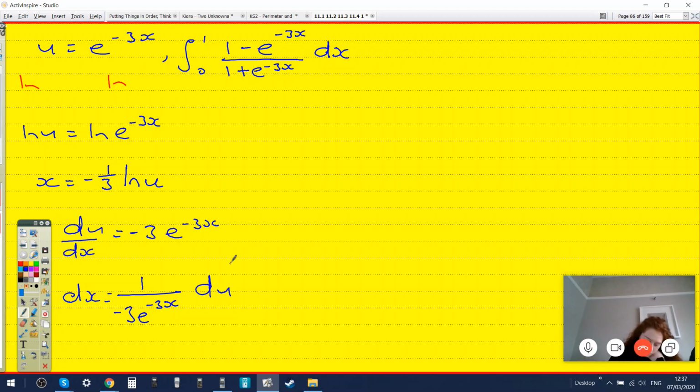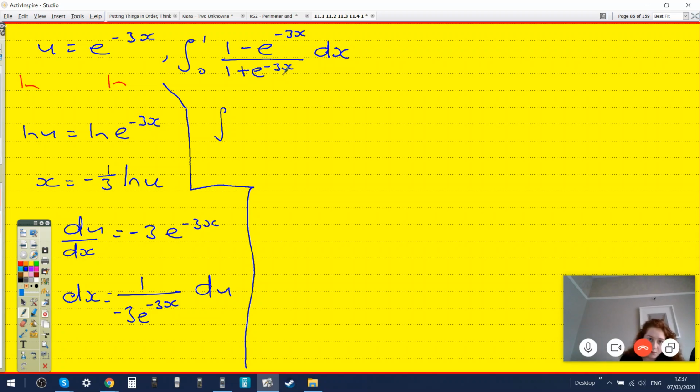Would we now input our x values? So we'll have 1 minus e to the minus 3 times by... No. So you do that every time. What is 1 minus e to the minus 3x the same as?